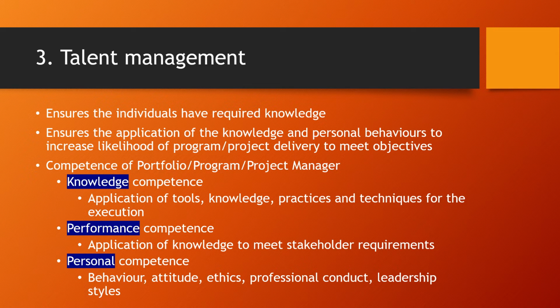You should know what the KPIs are, what the business outcomes of your program are, and leaders and program managers should be able to apply the performance competence. The third one is personal competence, which includes behavior and attitude, ethics, professional conduct, and leadership styles for the execution of your programs and portfolio.